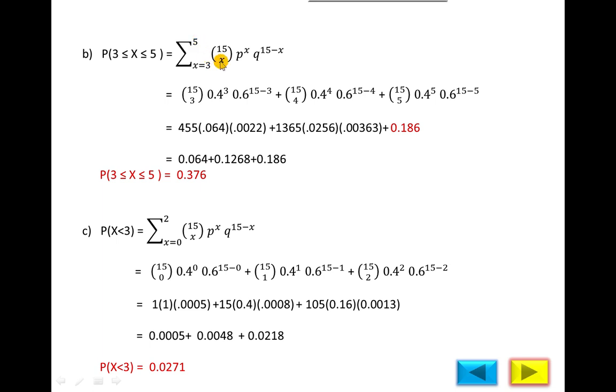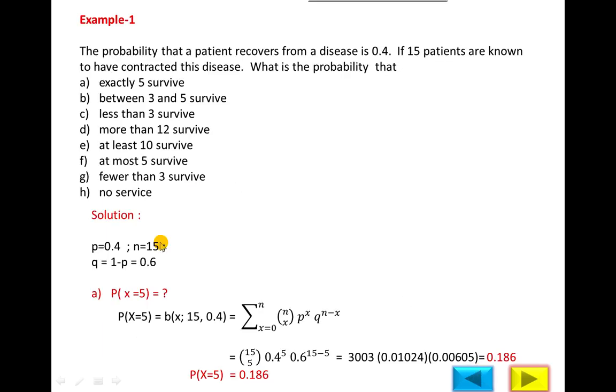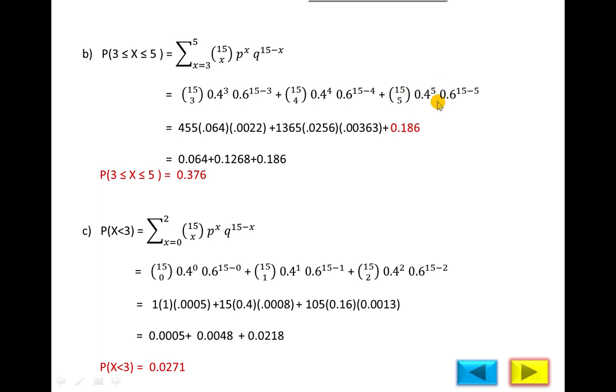We will substitute the value of x one by one, first 3, second 4, then 5, and simplify this: 15 combination 3, 0.4 power 3, 0.6 power 12, plus sign, and simplify this term, this term, this term. This last condition is the same as the previous part, exactly 5. The probability is 0.186. You can use it in this question as it is.